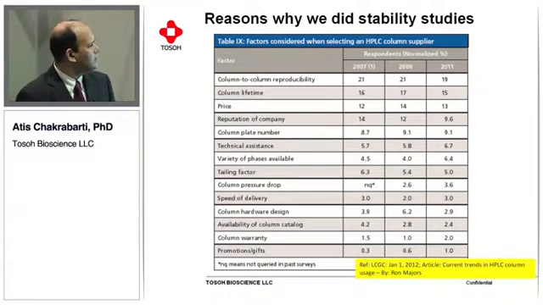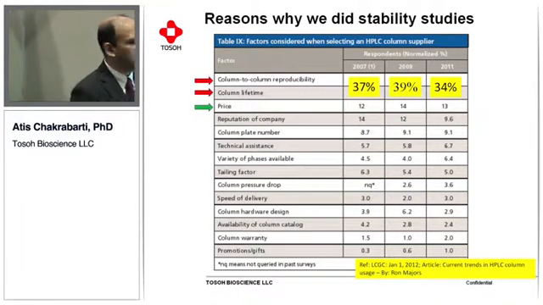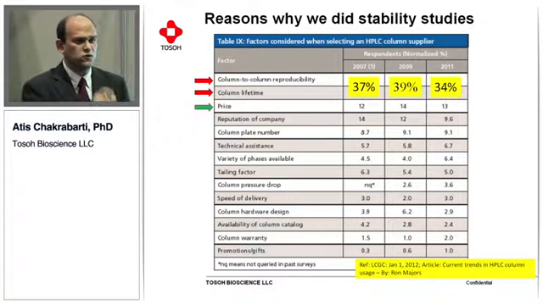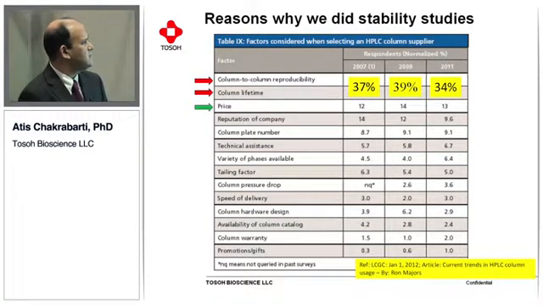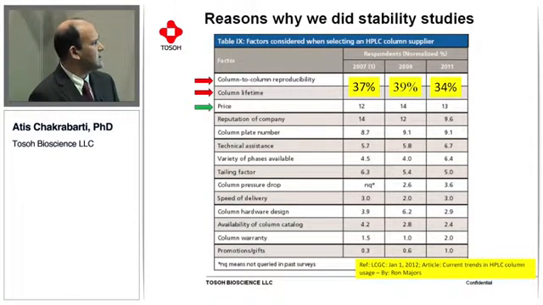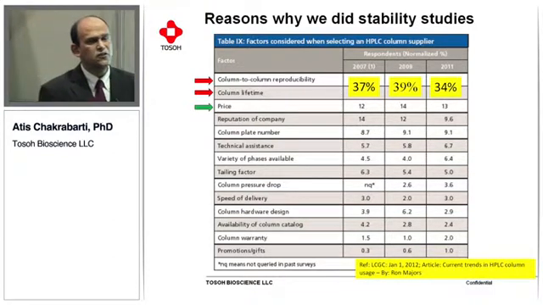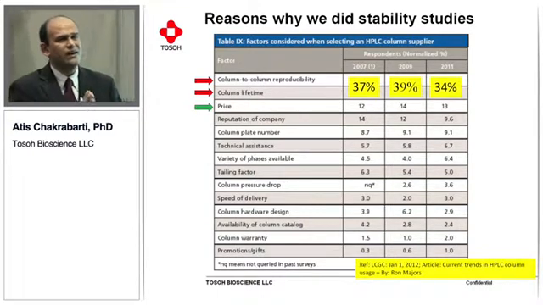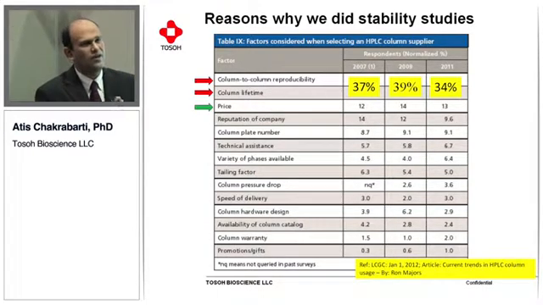Comparing the total effect of those two over the price, it is 37% against 12%, 39% against 14%, 34% against 13%. So it's very important that end users want a column which is stable and good.